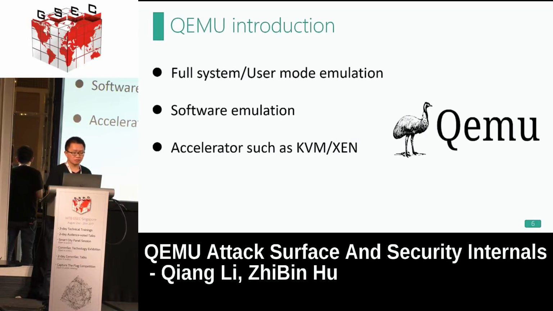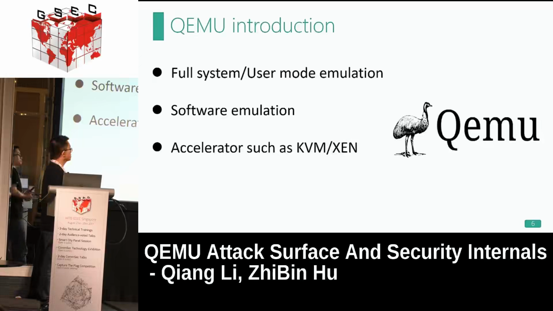So different CPUs can share the same binary. At the start, QEMU did all emulation in software, which means no other support is needed. You can emulate a full system, but of course this has low performance.